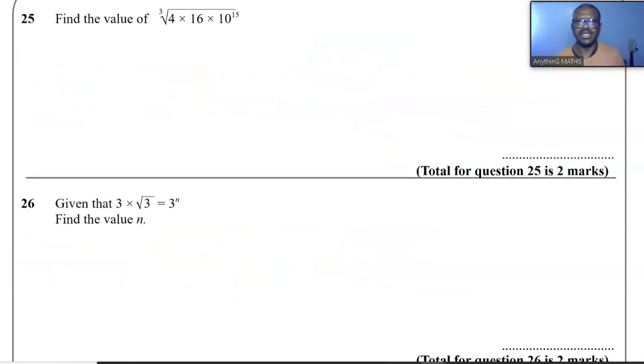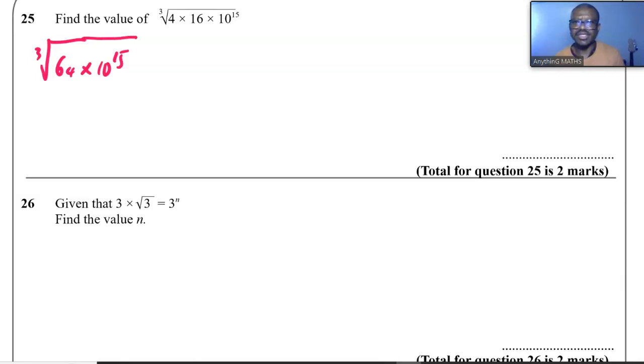Next question. This question is a little bit tricky, and most of the time you will not be working with calculators, so you have to learn how to use your times tables really well. 16 times 4 will give us 64, and as a result we can write this whole thing as the cubic root of 64 times 10 raised to the power 15.